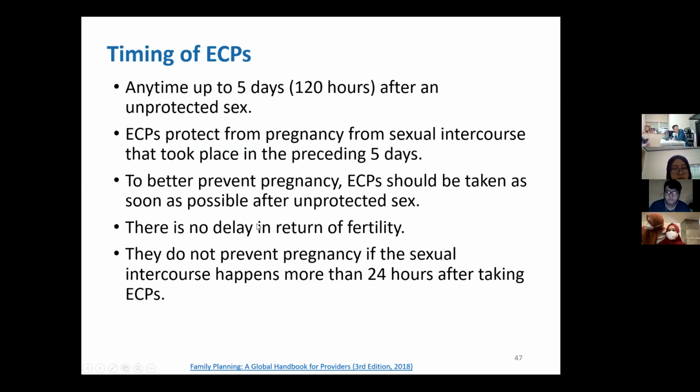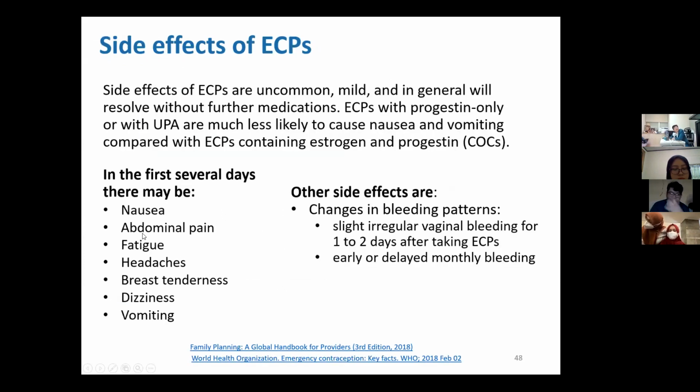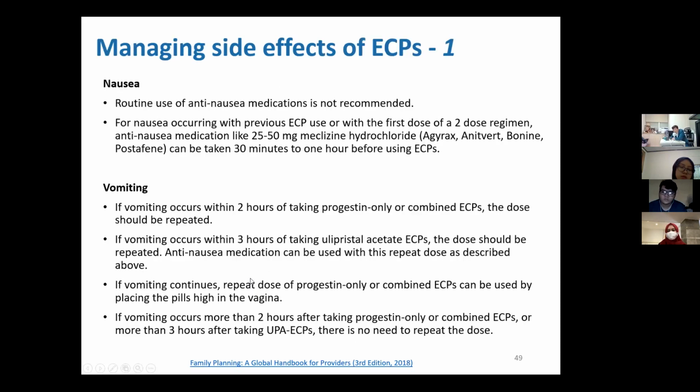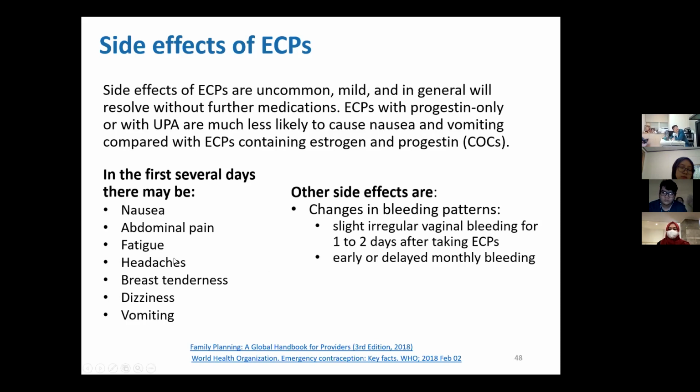The side effects, because they are high dose hormone, are nausea, fatigue, headache, breast tenderness, sometimes vomiting. This is the so-called side effect. Because you have one happy hour, then you need to suffer several days of the side effect.